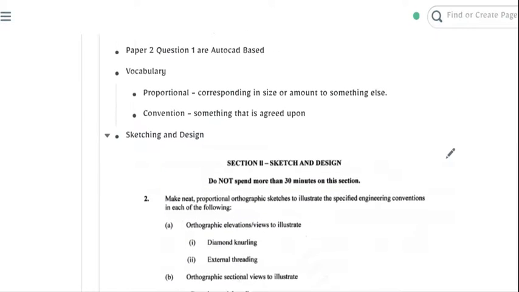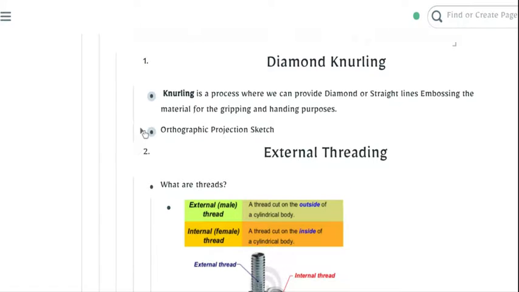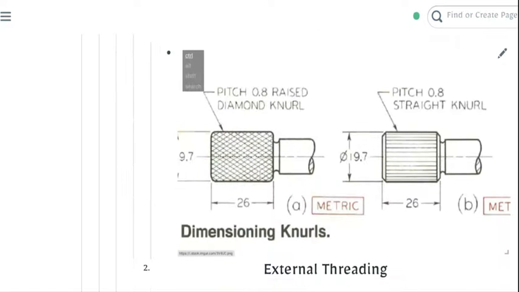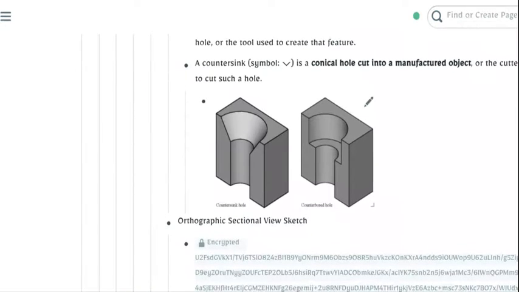Let's go back up here, to the diamond knurling. Remember, when we did the knurling, we got this sketch, right? You're going to look at this counterbore and countersink objectively and tell me what section is going to be hatched, and how the convention would generally look.